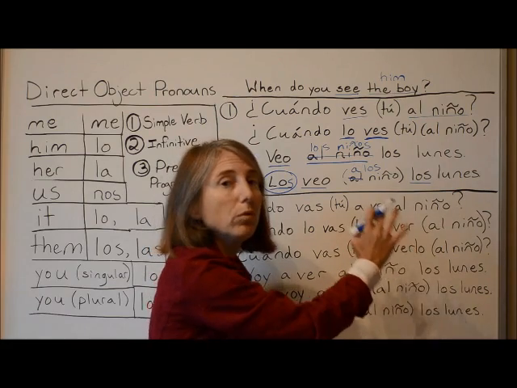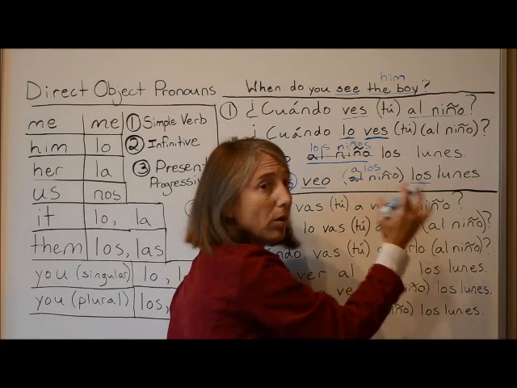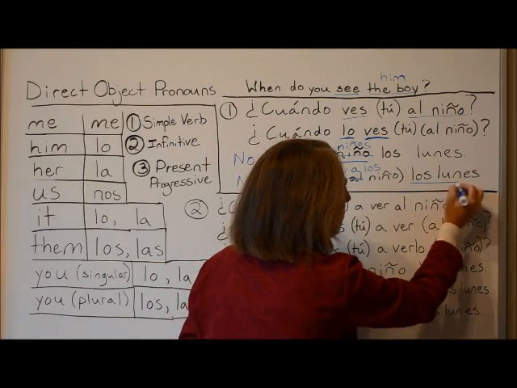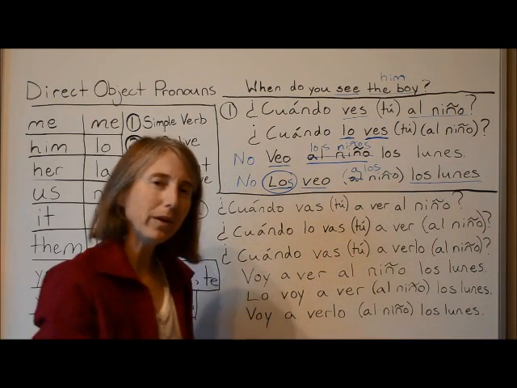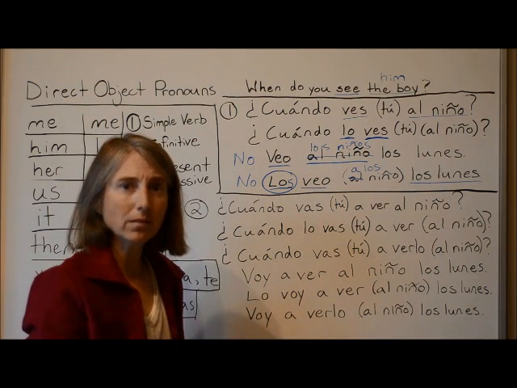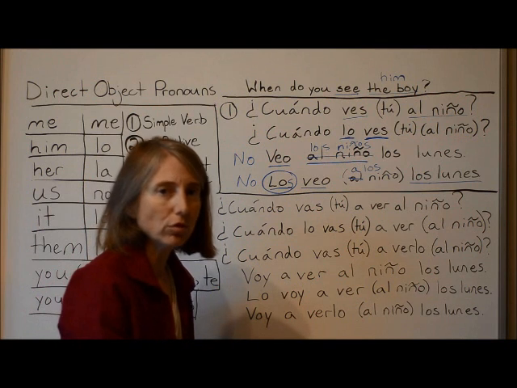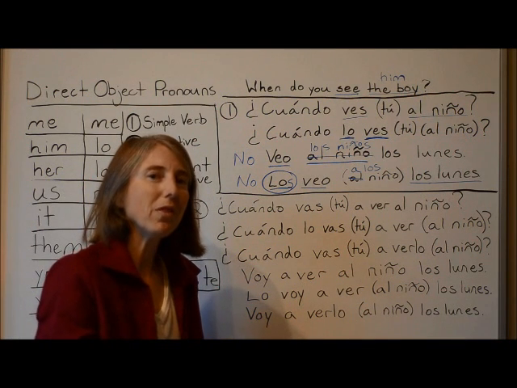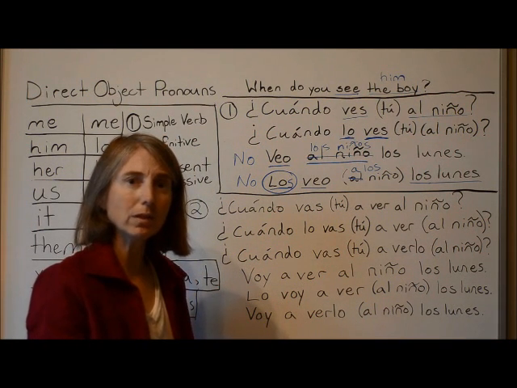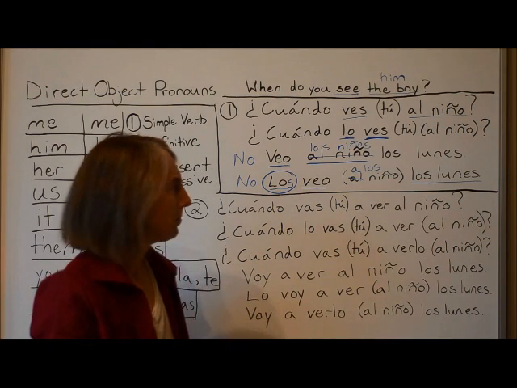This los goes with lunes. It means the Mondays, on Mondays. Okay, so we have to be careful when we're reading sentences to understand, is this direct object pronoun, or does it mean the that goes with the verb, and you just have to read for context.